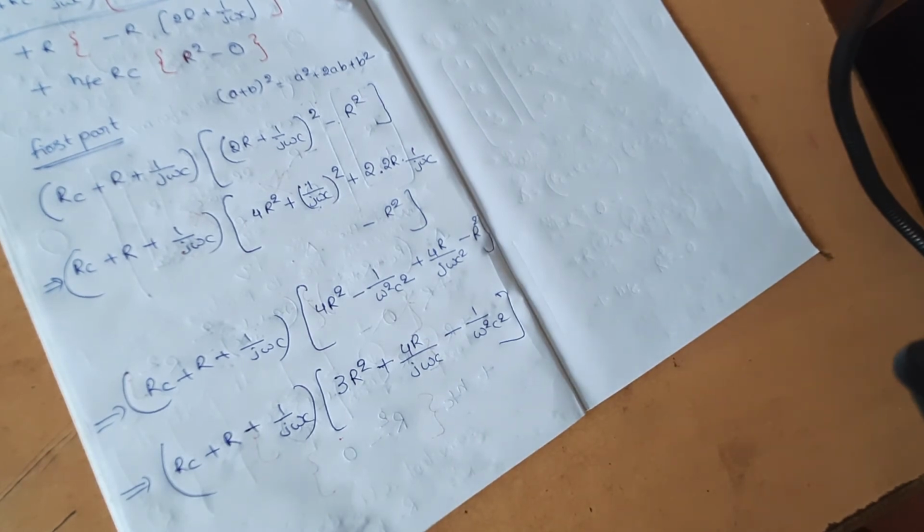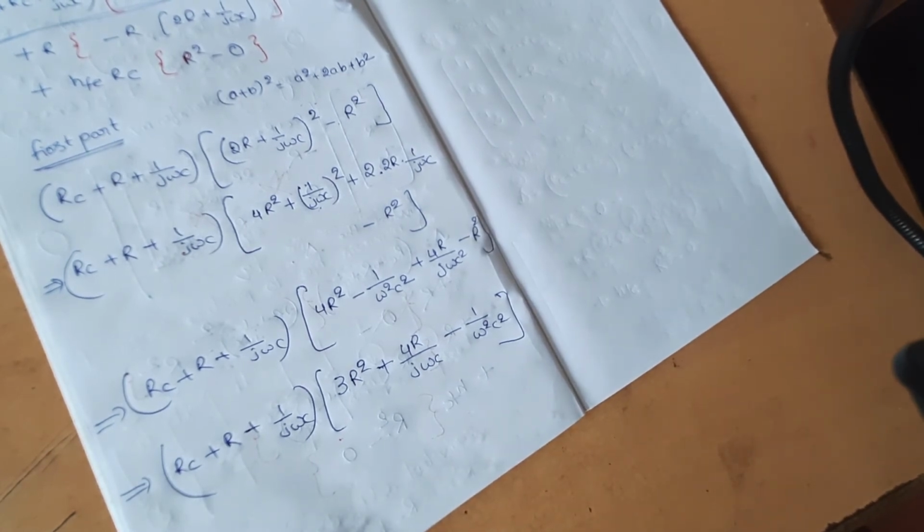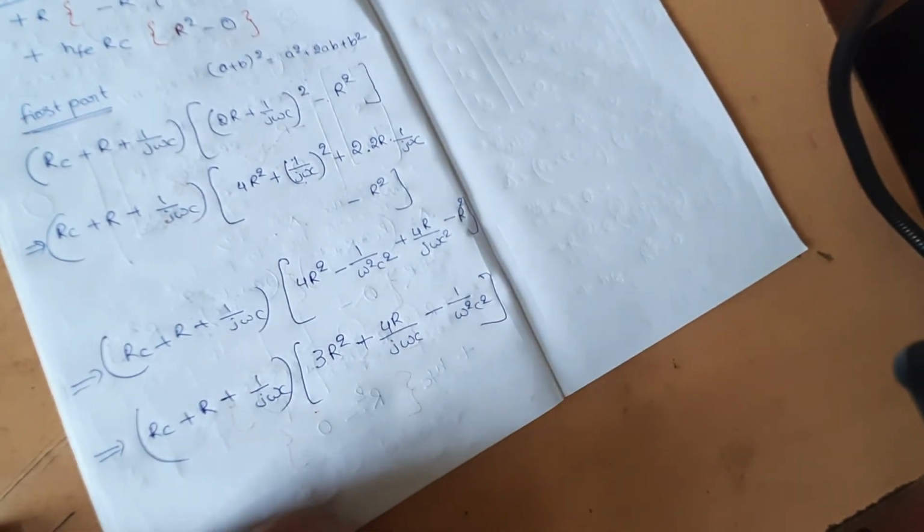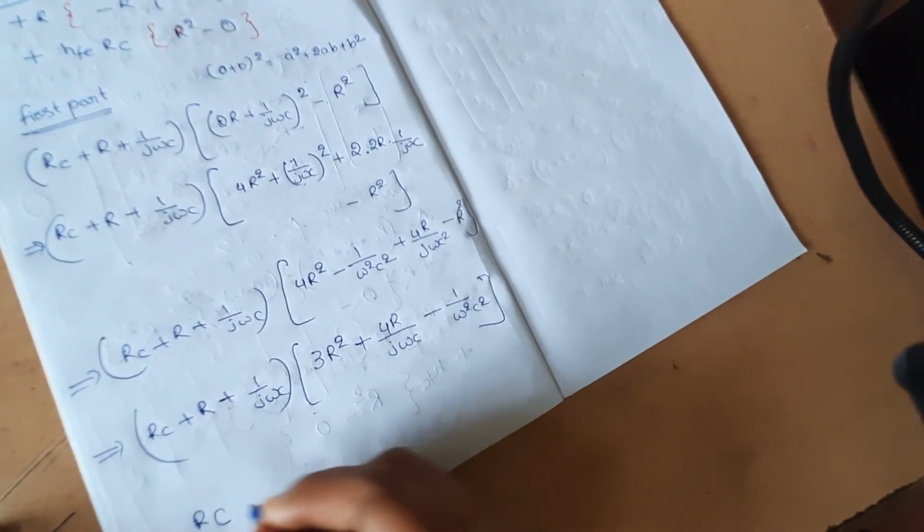This analysis takes time, but it is very easy to remember and easy to write once you know the concept. Okay, so now multiply with each term. So I write on a fresh page.